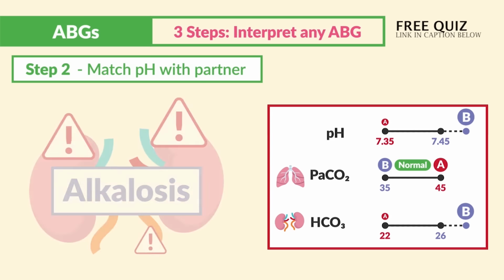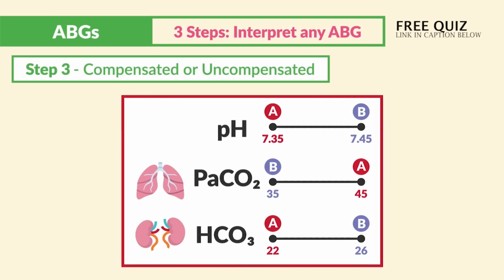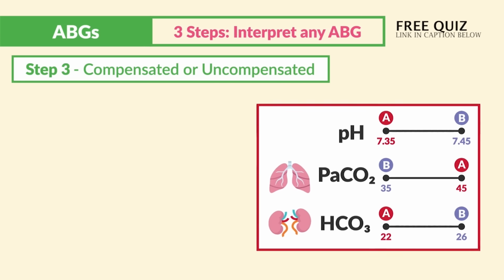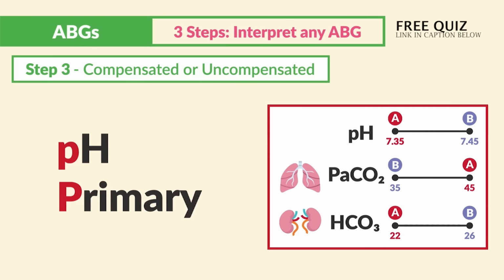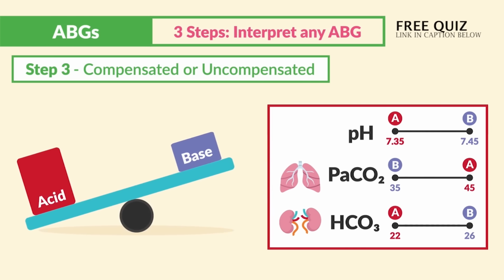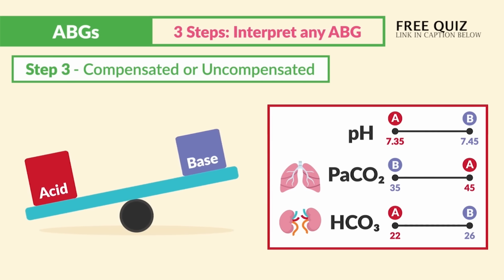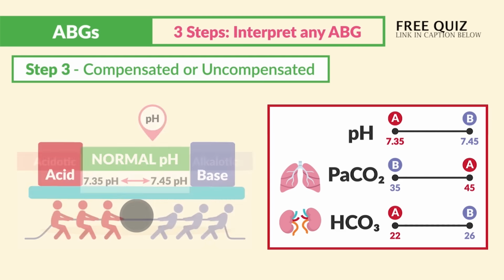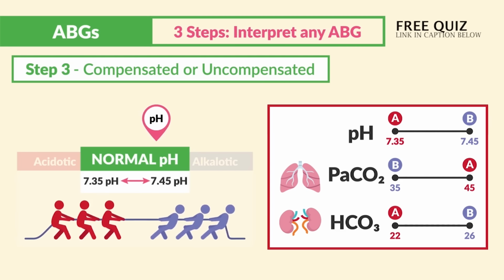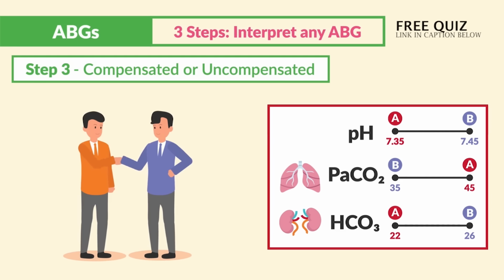Now, step 3 is the hard part here, so pay attention. Compensated versus uncompensated. Always look at the pH first. So remember, pH is primary. The body hates to be out of balance, right? So it will try and balance the pH, acid and base, sort of like a tug-of-war or like a negotiation process, to help bring that pH back into normal range.